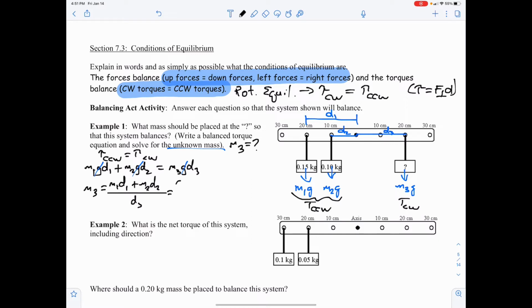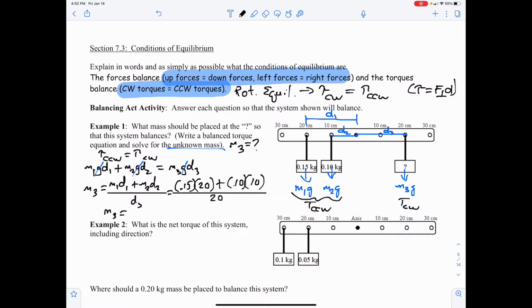So M1 was 0.15 times its distance of 20, plus then you have M2, which is 0.10 times its distance of 10. And then distance 3 is also 20.